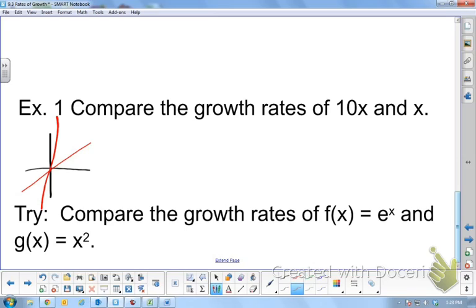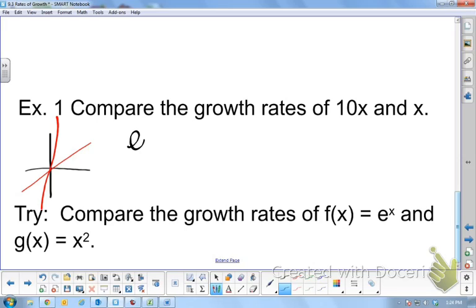Okay, so just looking at the picture, what do you think is going to happen when we solve this algebraically? Well, it depends on which one do you think is faster, 10x or x? Or do you think they grow at the same rate? Okay, so let's try that algebraically and see if our hypothesis is correct.